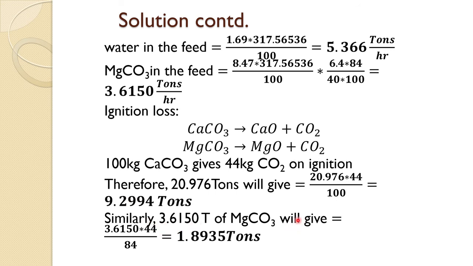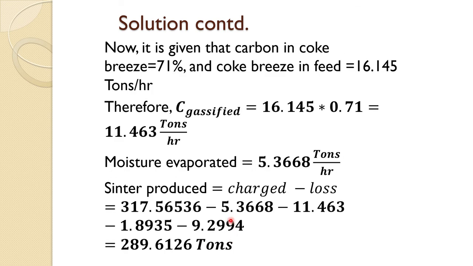Similarly, we can calculate for magnesium carbonate the CO2 which would be going away. So, that would be the ignition loss, and it is also given that coke breeze has 71% coke in it.